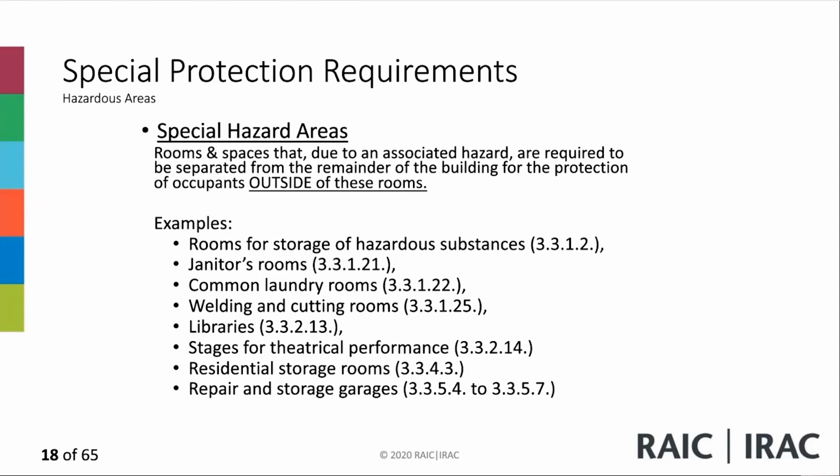So that is for the separation. And there are other provisions related to vestibule requirements between the storage garage and different types of occupancies. That's in 3.3.5.7. So it is important to note the separation between Group A, Division 1, and a storage garage, and a Group B and a storage garage. You need to have vestibules. For Division 3, depending on the number of occupants, if it's more than 10, you require a vestibule.